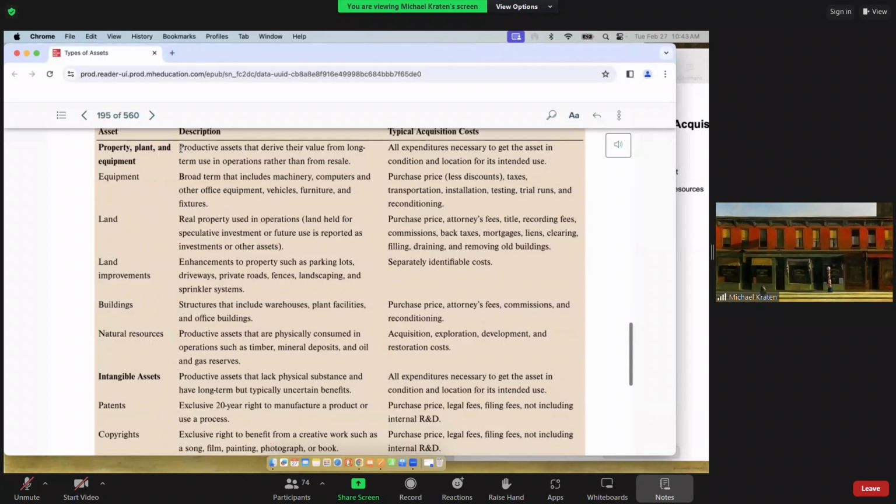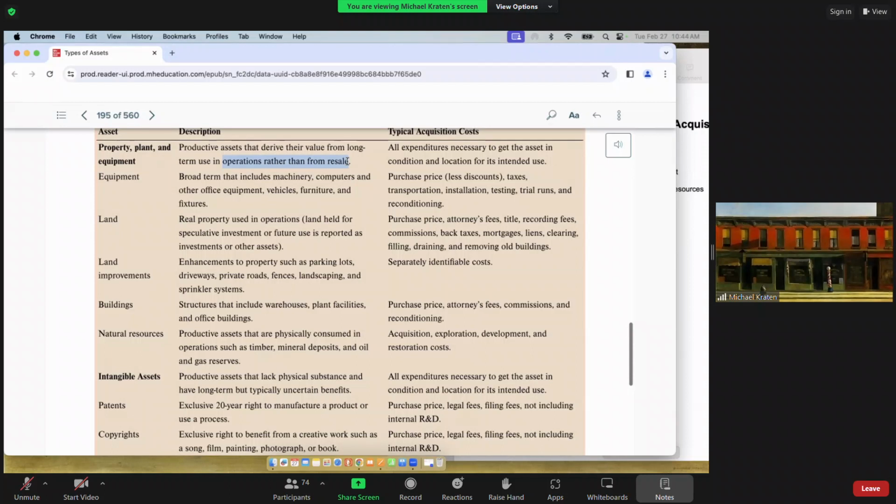Now, PP&E, property, plant, and equipment, derives their value from long-term use in operations rather than from resale. In other words, if you're going to invest in something simply to resell it, to flip it, and make money, then it actually is inventory.